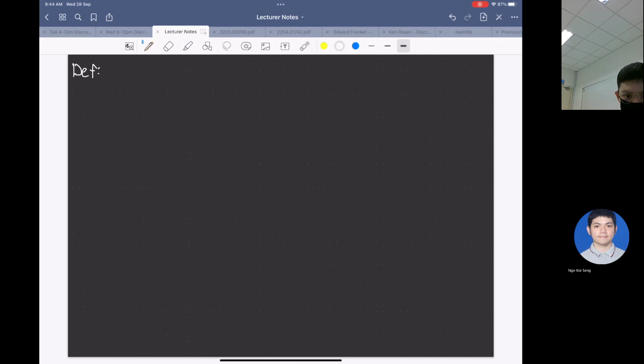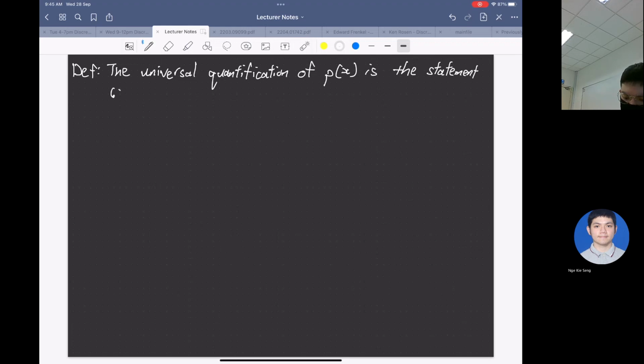Okay, definition. Let's define some statements to study. First of all, we have the universal quantifier. When we talk about P(x), we need to specify x. So this is one way to specify x: for all values of x in the domain, P(x).